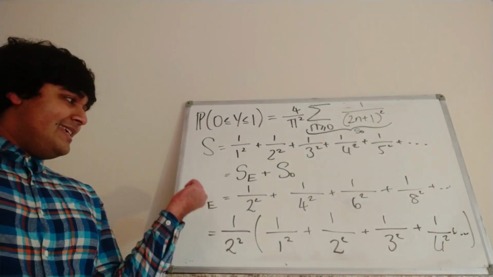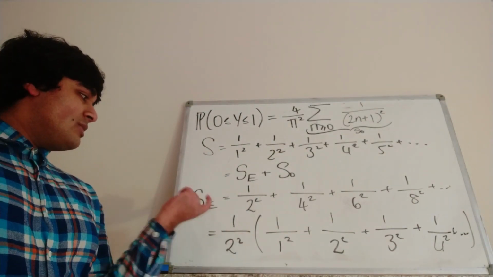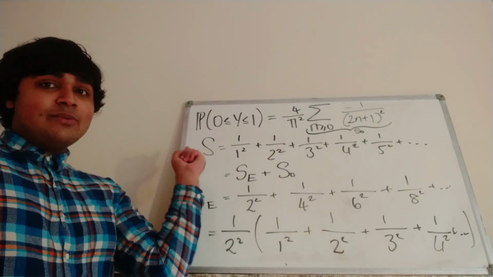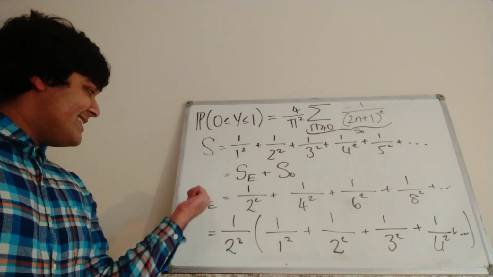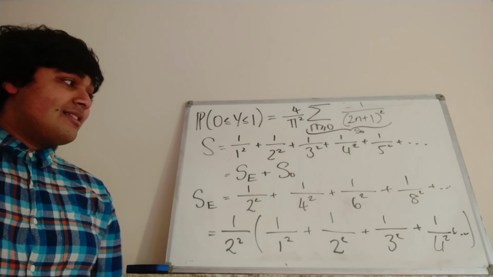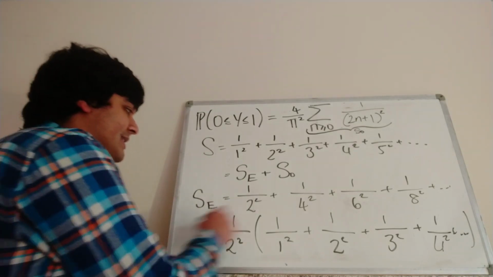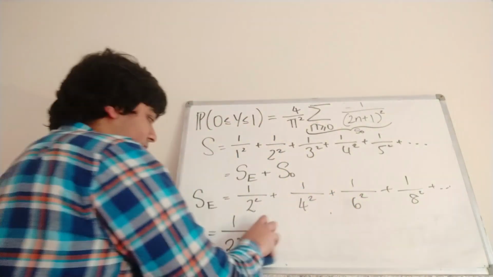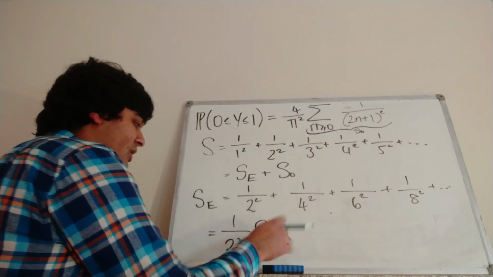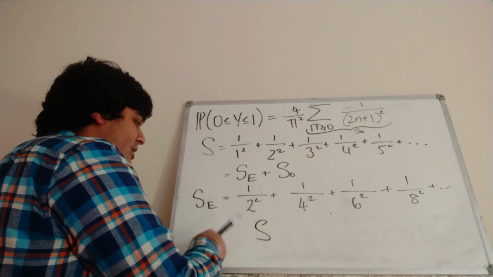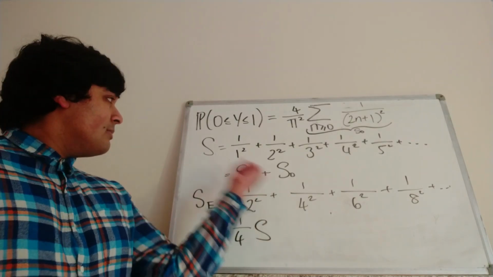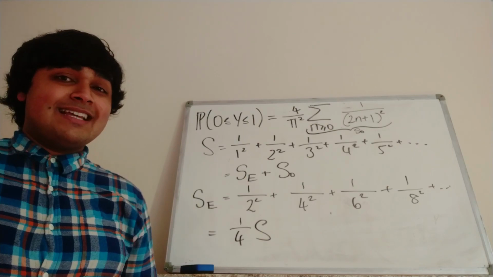So the sum of the even terms is 1 over 2 squared times this guy here. But if we look at this guy here, it's precisely what S is. So SE is equal to 1 over 2 squared times S. Let me replace this thing here with S. And of course 1 over 2 squared is just a quarter. So SE is equal to a quarter S. But we know that S is just equal to SE plus SO.